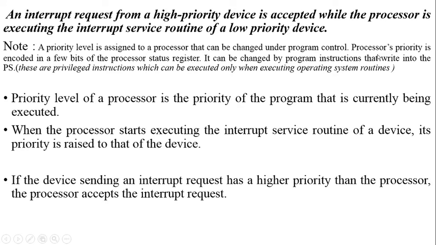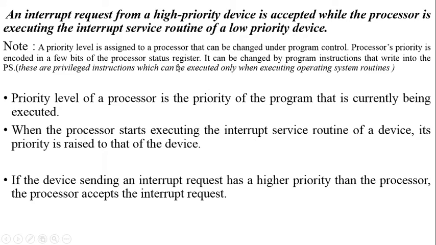So the processor priority is always a changing value. Okay, and also the processor priority is always marked or encoded using a few bits of the processor status register. So we have a certain set of privileged instructions in order to change the processor priority value.